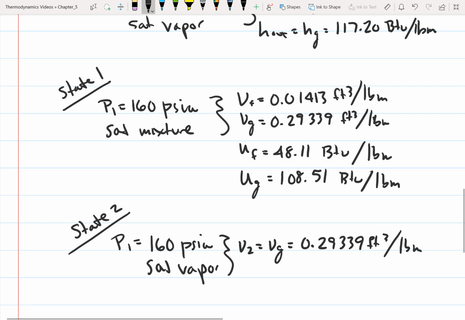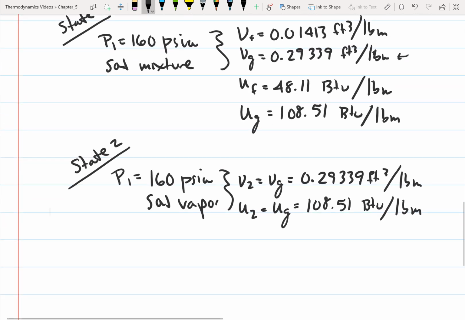I already wrote this down up here, but I want to write it again so I have all of my information with the corresponding states. So U2 is equal to the internal energy of the saturated vapor, which is 108.51 BTU per pound mass. Alright, so we have all of our data.